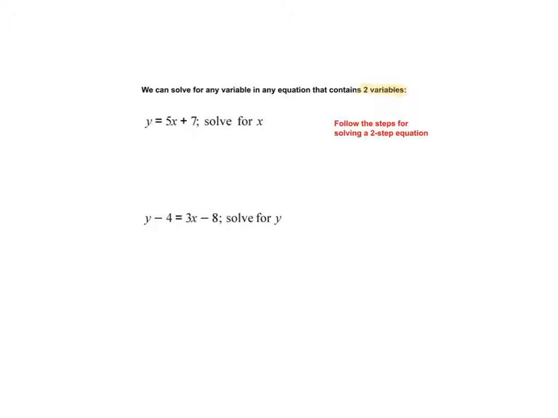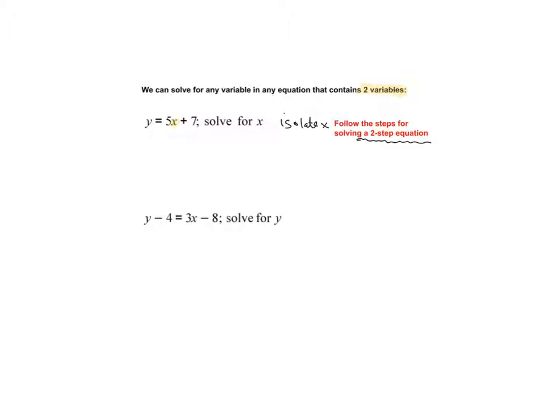In the equation y is equal to 5x plus 7, I want you to think about what you're solving for. We're solving for x, which means I need to isolate the x. That's it. This would be the same kind of problem as though we were solving a regular two-step equation trying to get what x is.